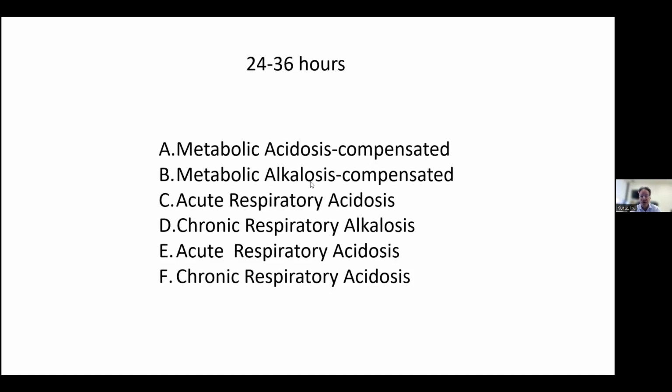In other words, when you raise the bicarbonate, let's say in that patient I just showed by 10, it'll take about a day or a day and a half for the PCO2 to hit 47. If you come in half a day after the vomiting started, it may only be 43 or 44. If you come in 3, 4 days later, it'll still be 47. You're fine, but you have to give it enough time.